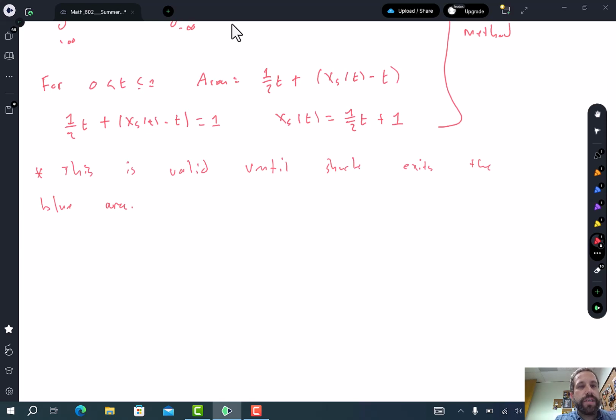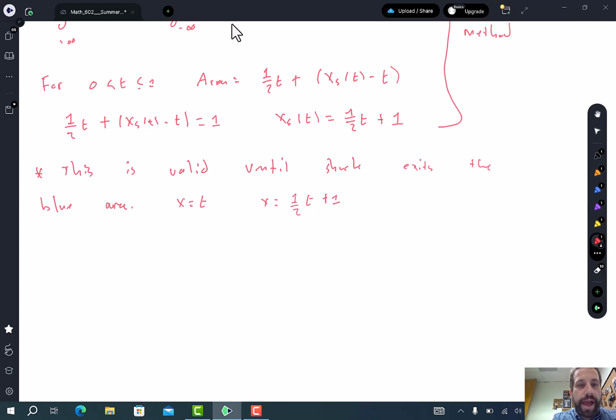What is the equation for that blue dashed line where it exits? That equation is x equals t. What is the equation for the shock? It's x equals 1/2 t plus 1. So I want to know where these two intersect.